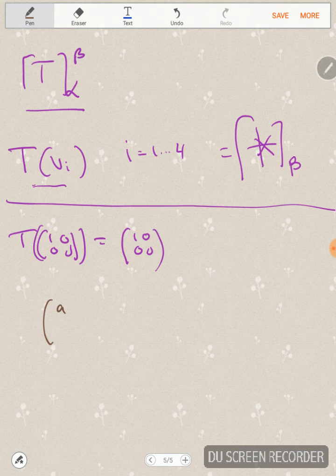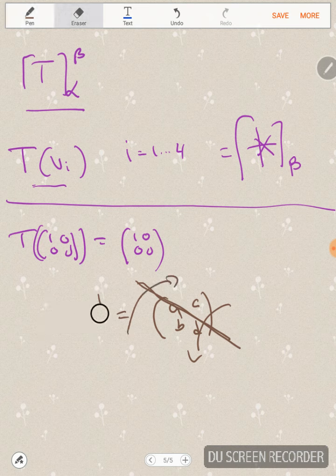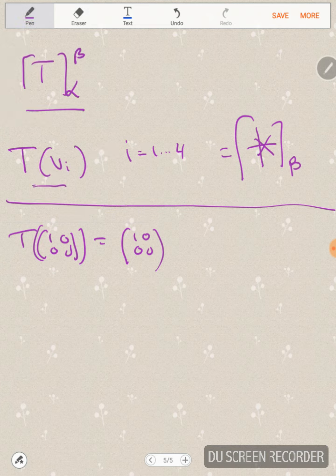When you have A, B, C, D and you want to find the transpose, A and D stay in the same place, but you end up switching B and C. It's like flipping across the diagonal. That's too messy, erase that. Let's go back to purple for examples. So it's going to be this minus itself because it doesn't flip, and you get this.